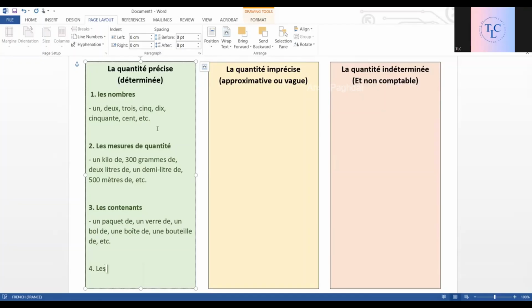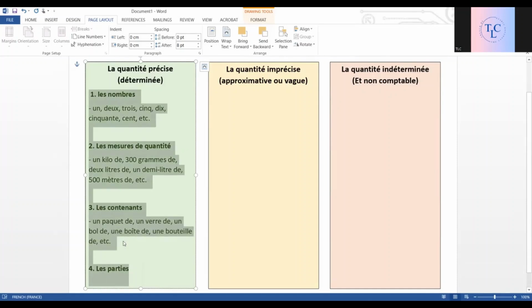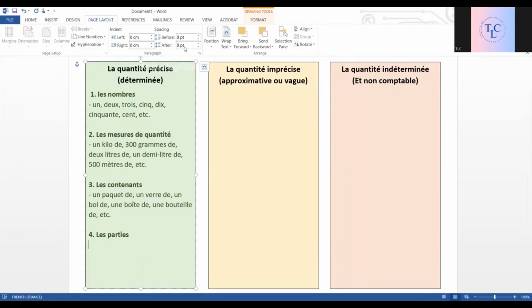Then we have les parties, a part of that whole quantity. For that we have un morceau de, that is a piece of. Next we have une part de, a slice of, but it is generally used for the triangular slices that we make for pizzas or for cakes or tarts.